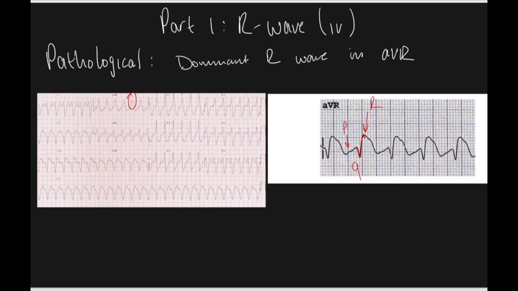So we have that dominant R wave in AVR as well. Also we'll note that the R wave slurs into the T wave, which we call a terminal R wave. Notice how that R wave kind of just slumps into the T wave. That particular pattern is called the terminal R wave.